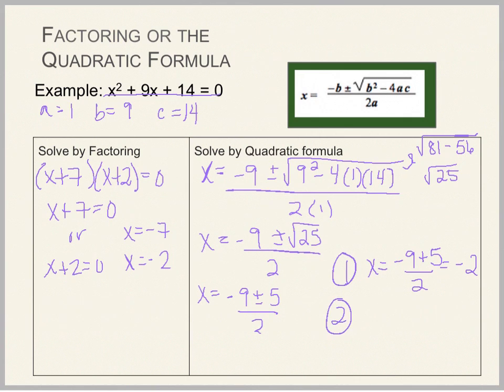Our second solution is x equals negative 9, now we will take the minus of the plus or minus, 5 divided by 2. Negative 9 minus 5 is negative 14. Divided by 2 is negative 7. So in both instances, we found that x could equal negative 7 or negative 2.